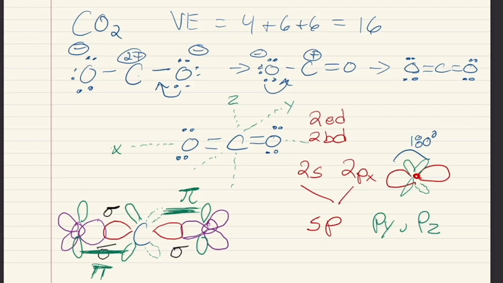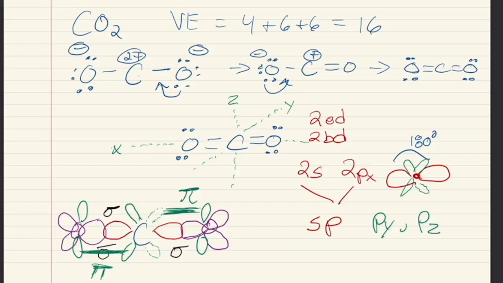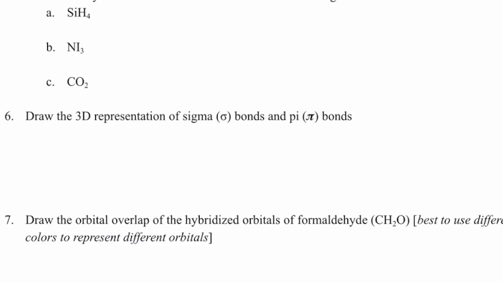So we have 2 pi bonds and 2 sigma bonds, creating 4 bonds around our central carbon atom. And so what I've done via question 5 is I've actually answered question 6 for us, the 3D representation here. However, I will give you a little bit better description when we're talking about pi bonding.